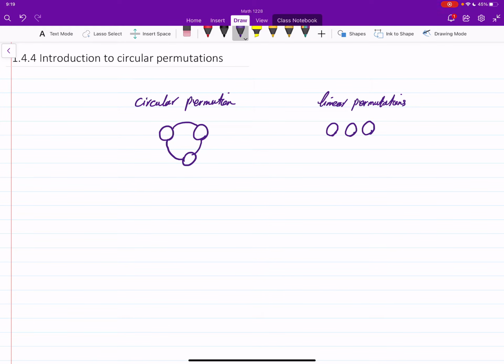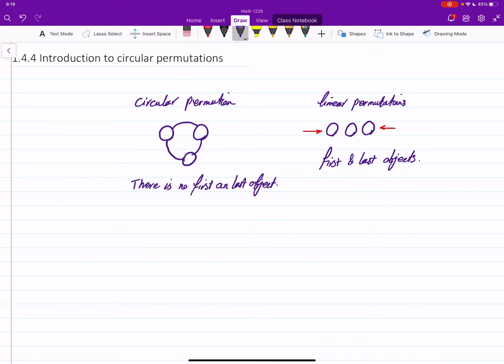But what makes the difference is that in the linear permutation, there are first and last objects. However, in the circular one, there's no first and last object.